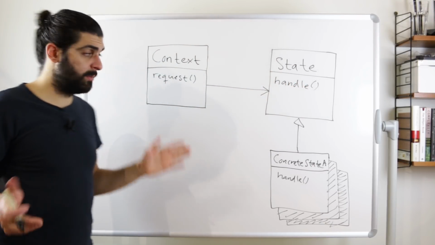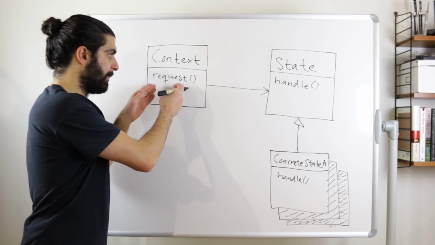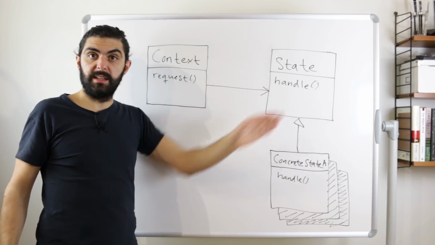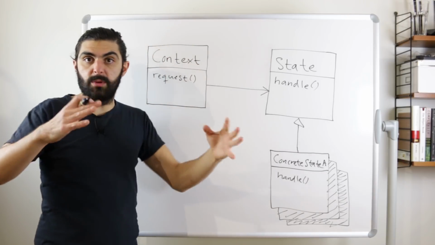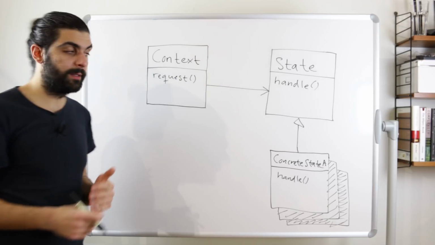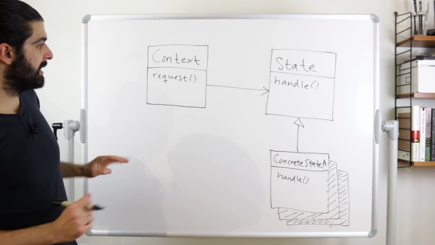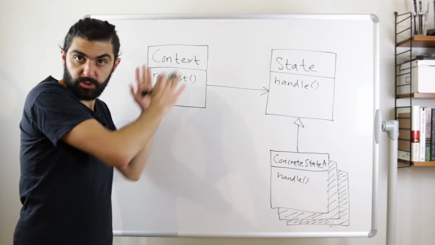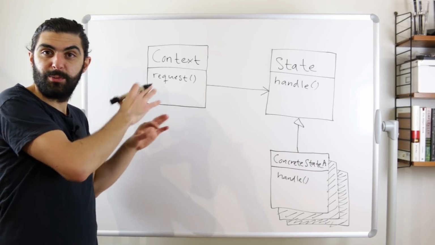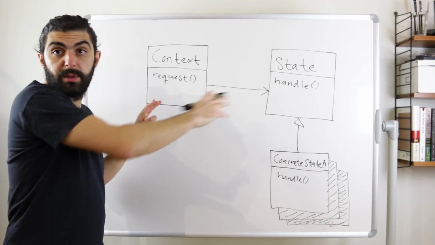But oftentimes, you'll probably find yourself using the same interface in the context as in the state. Not as in that they would inherit from or implement the same interface, but that the methods would potentially map one-to-one. So the reason I say that is that let's transform this now from the generic form to our specific form. And hopefully you can see why I mean that they would probably map one-to-one.